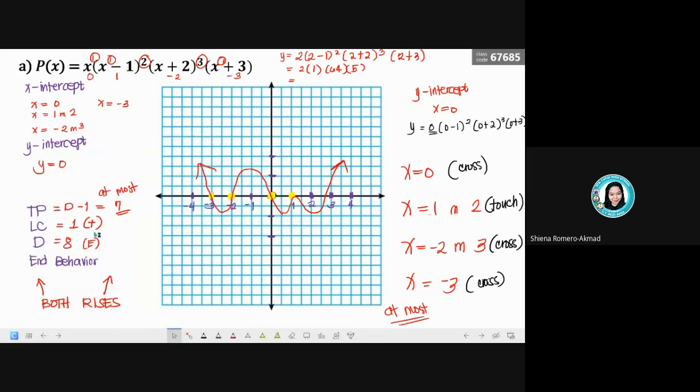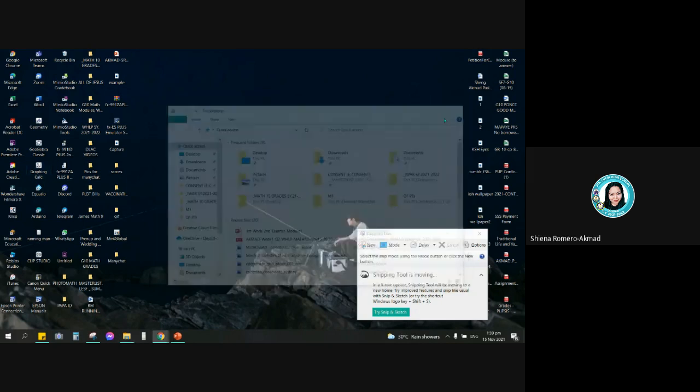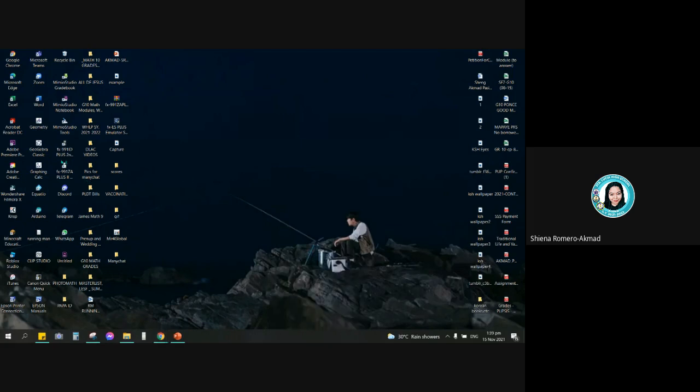Ito. Ito ba yun? O matagal siya mag-ano. Keep natin muna to. Ah, saan ba dito yun? Ito, graphic calculator. Let us try kung saang part siya. Papakita ko sa inyo. Wait lang, hintayin lang natin siya mag-loading.